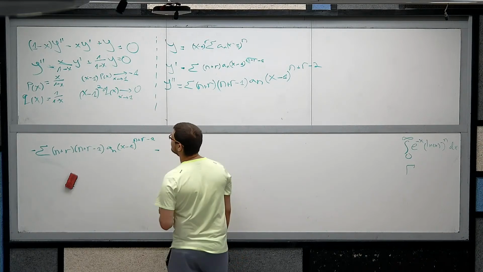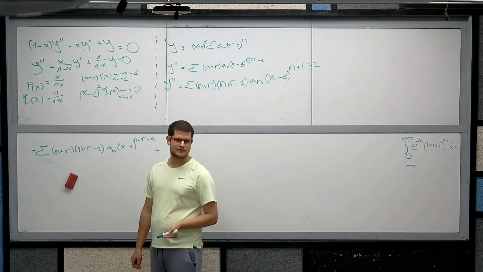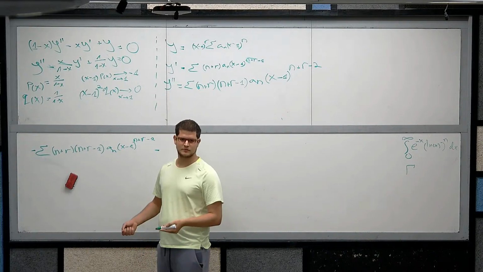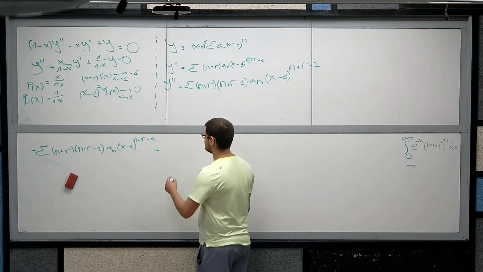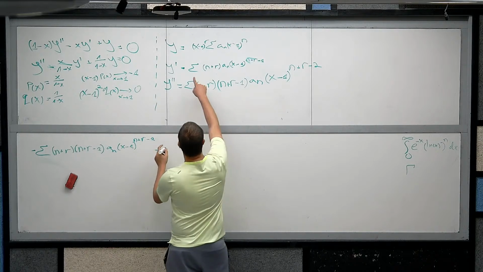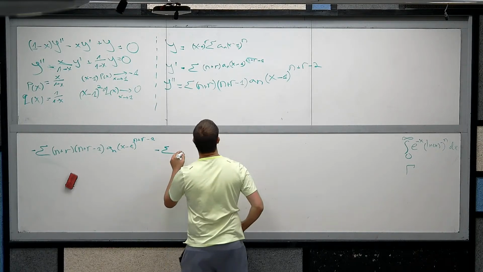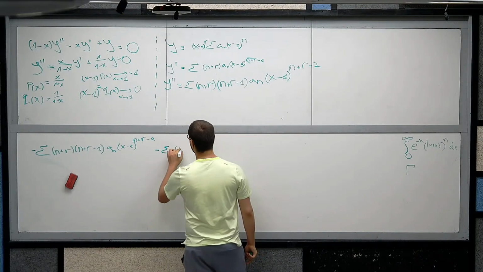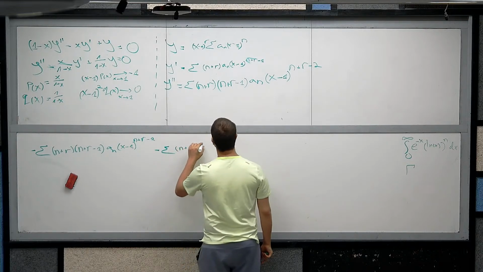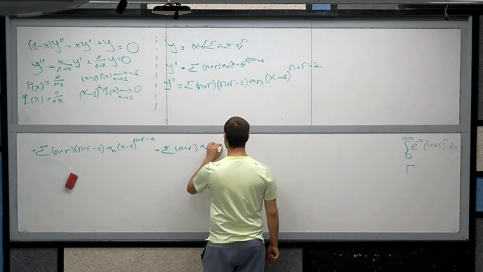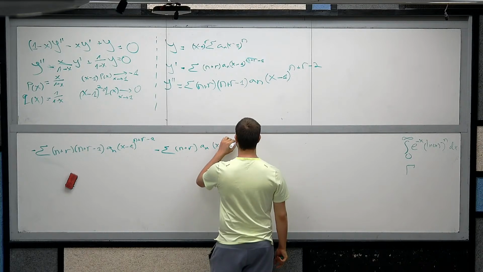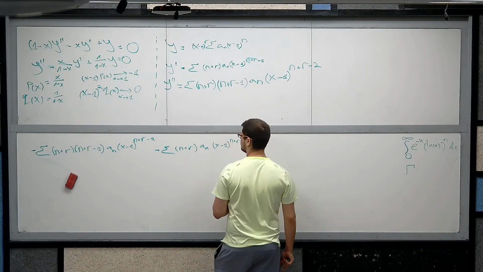Plus, okay, what is x? x is x minus 1 plus 1. So let's write that first. We have that minus the sum of (n plus r) a_n (x minus 1) to the n plus r minus 1.